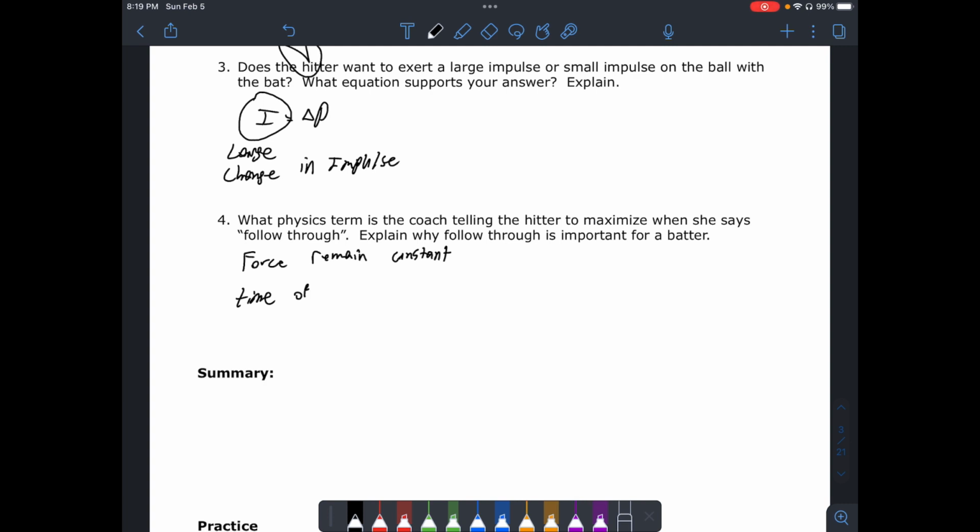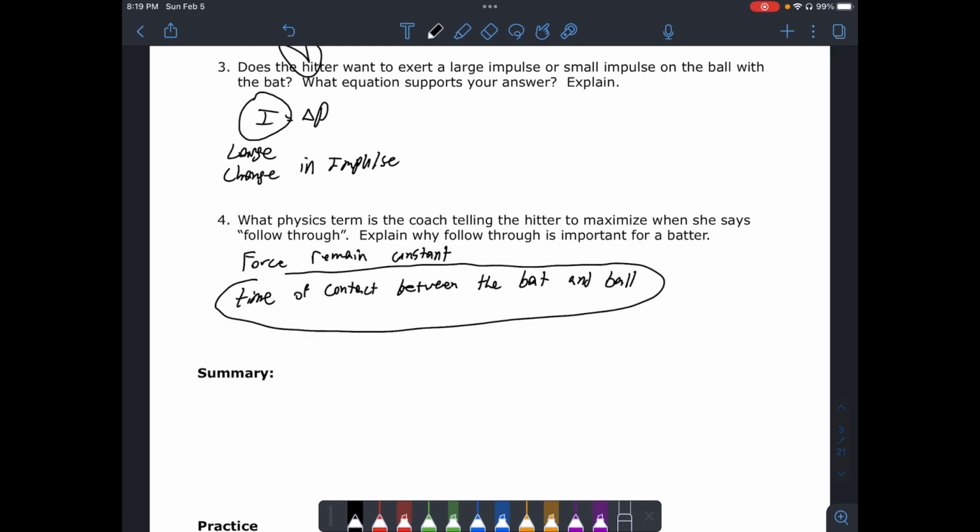I guess I would say time of contact between the bat and ball. This is what he is telling the hitter to maximize, specifically the time, right?